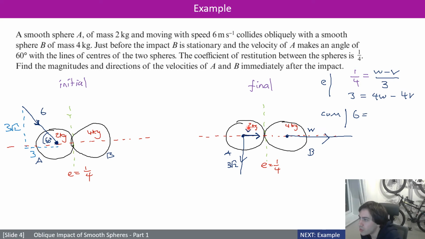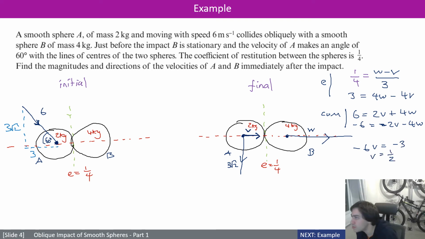We'll end up with 2 times V plus 4 times W. Okay. So then a little bit of manipulation here. Add them together, and we get minus 6V equals minus 3, therefore V equals a half.